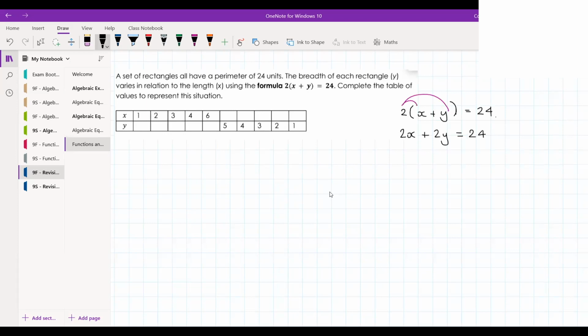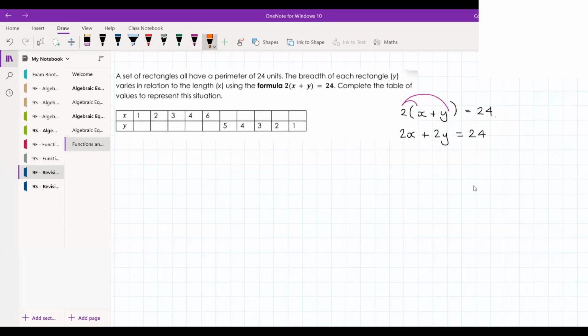Now, if I want y to be the subject of the formula, what am I going to do with this 2x over here, guys? I'm looking for a specific word. It starts with T. Anybody? Not divide by 2, Siamtanda. This thing is added to 2y. That's it, Isayan. Good.